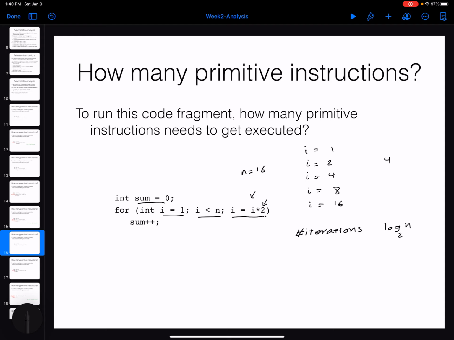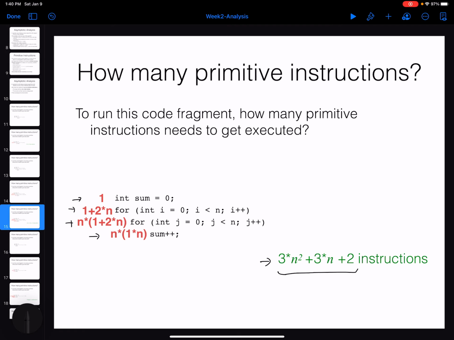The main thing about this example was that you understand the number of iterations of the loop is going to be log of n in base 2, not n like in these examples. In these examples, the number of iterations would depend on n because you are incrementing i by 1. You started from 0 and you increment i by 1 each time.